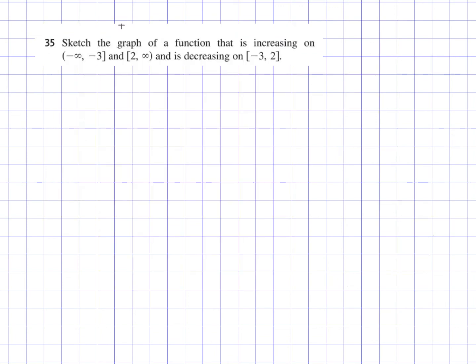35, sketch the graph of a function that is increasing from -infinity to -3, 2 to infinity, and is decreasing on -3 to 2. Okay, so let's draw a graph. You say, well, how do we know where everything's at? Well, I'll explain if you haven't figured this out.